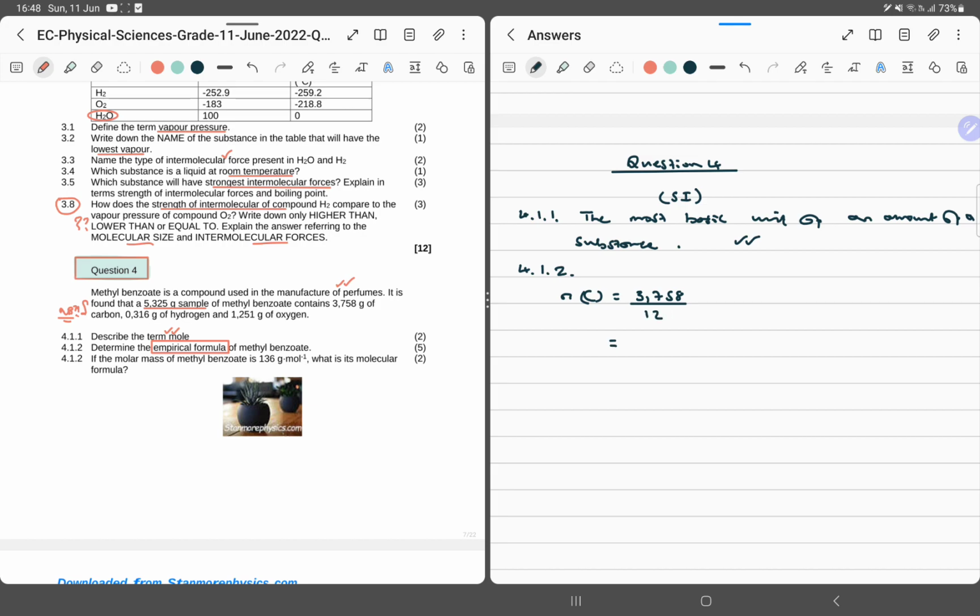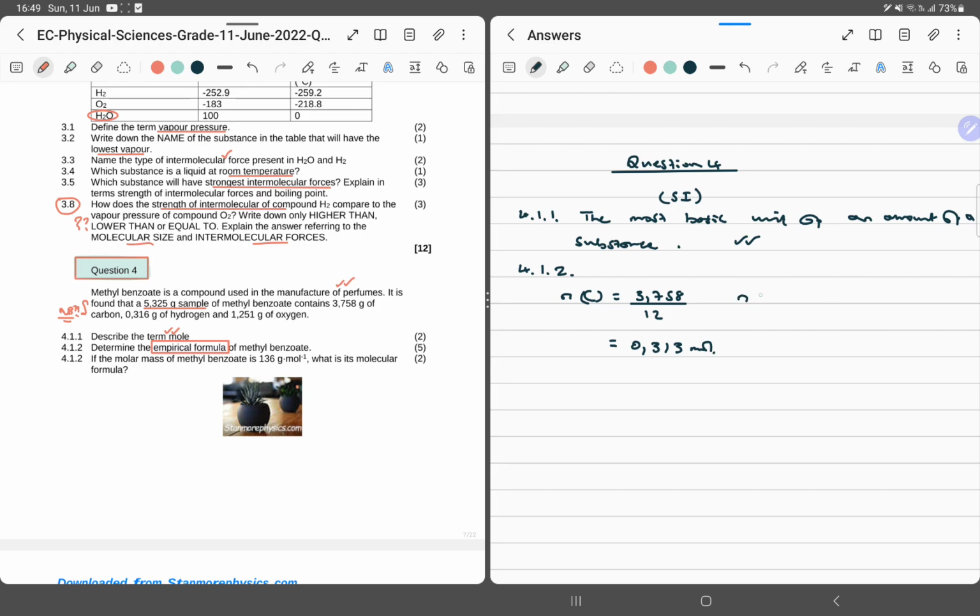This is 3.758 divided by 12, so this is 0.313. Let's just do 3 decimal places, moles.